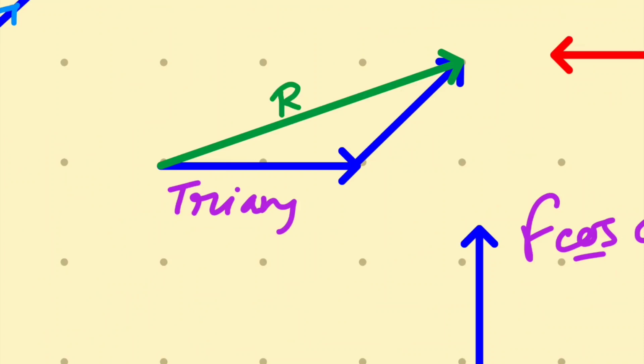Either we take this orientation, which is very similar to what I have drawn before, or we take this one, which is a mirror image of this. In both cases my resultant is the same, and this is my resultant.